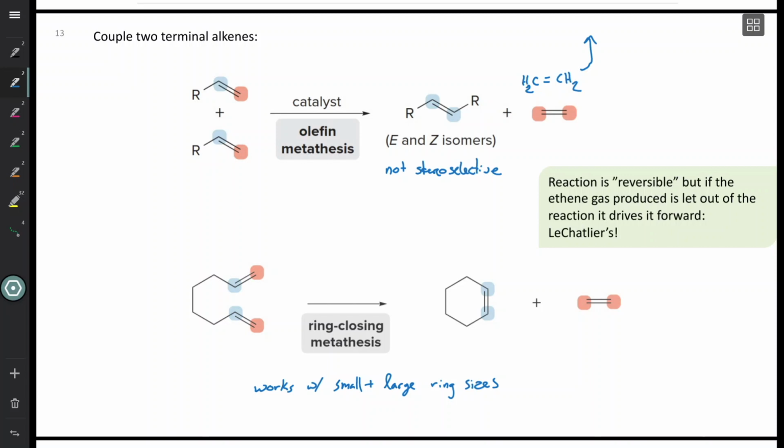So you want to do low concentrations, so that you don't accidentally couple to another alkene, right? You want just those two to find each other. So you do these in really dilute, low concentrations.